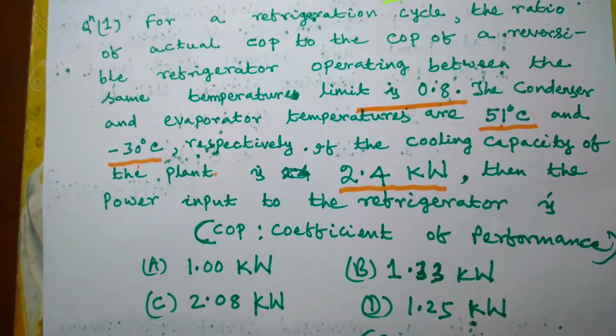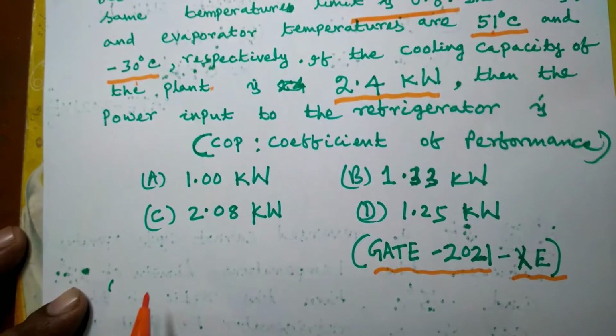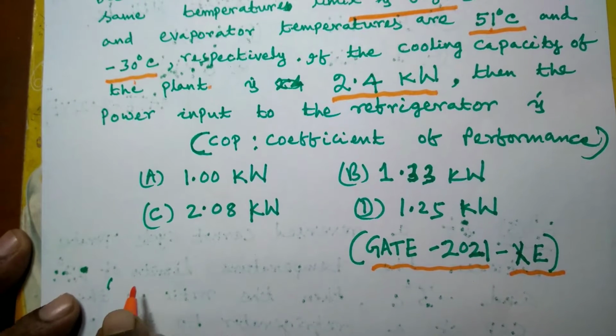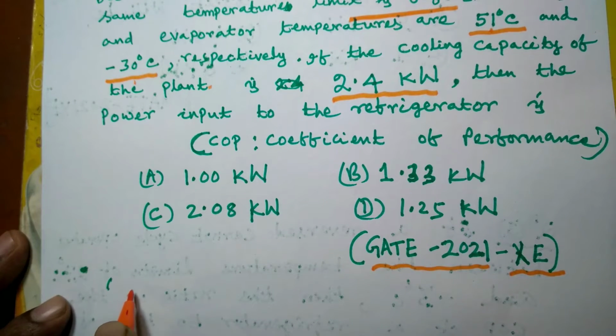1.25 kilowatt. You see, this is obviously not a reversible refrigerator because the ratio is 0.8.